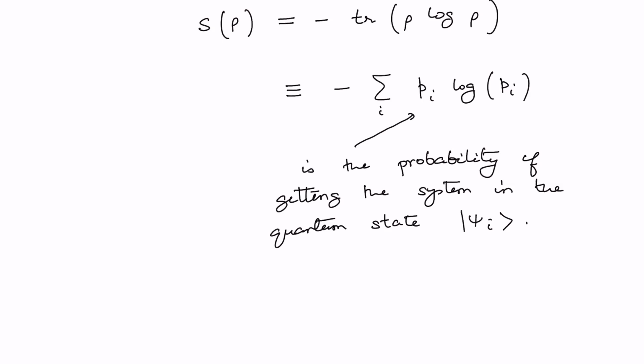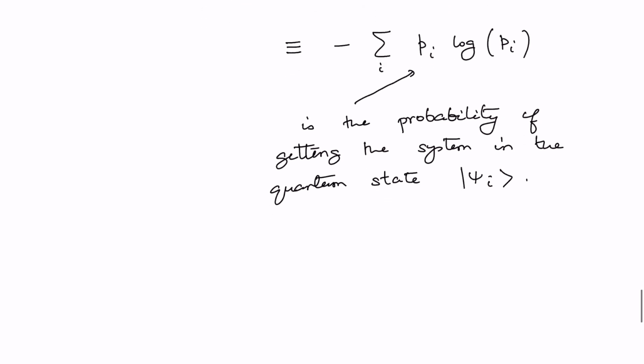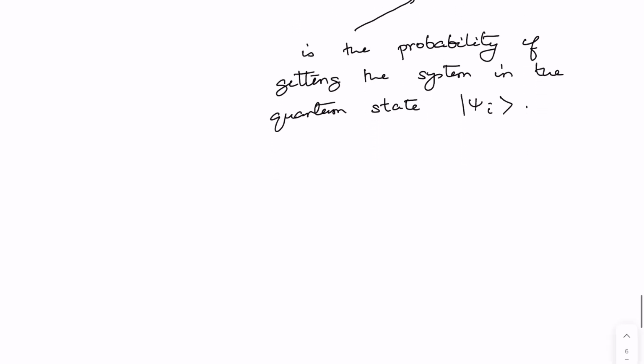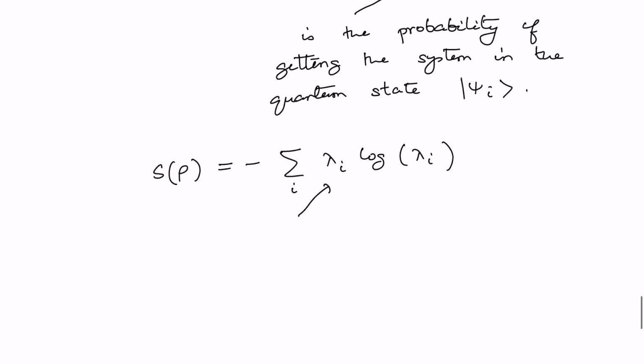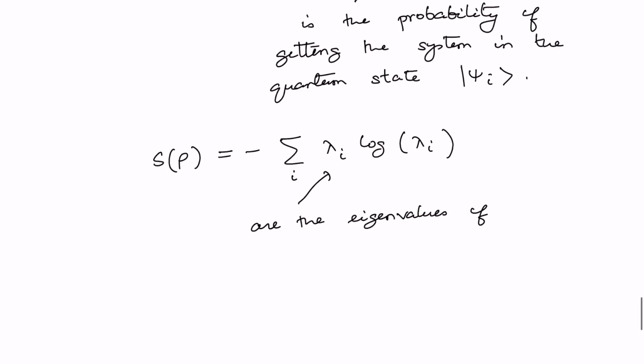Now it can be shown that the von Neumann entropy formula can be written as S of rho equals minus sum over i lambda_i logarithm of lambda_i. Now here these lambda_i are the eigenvalues of the density matrix rho.